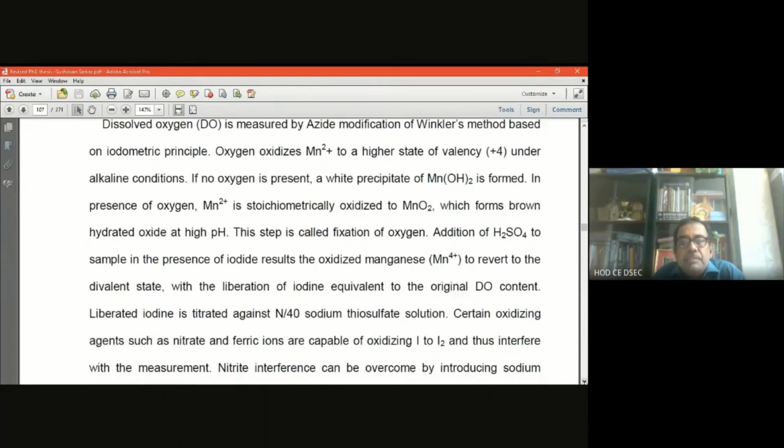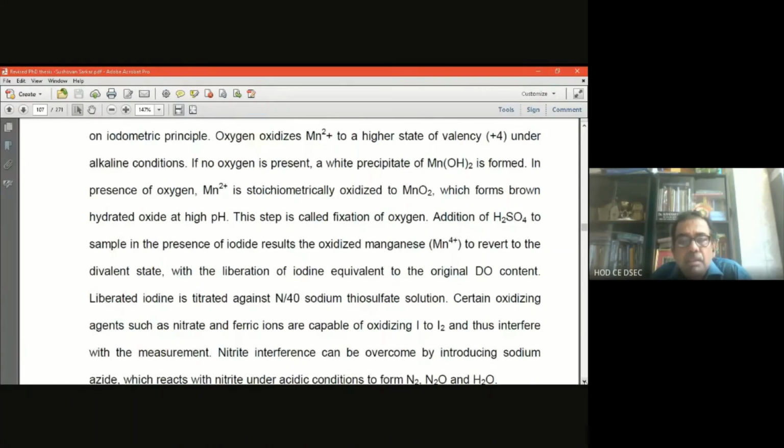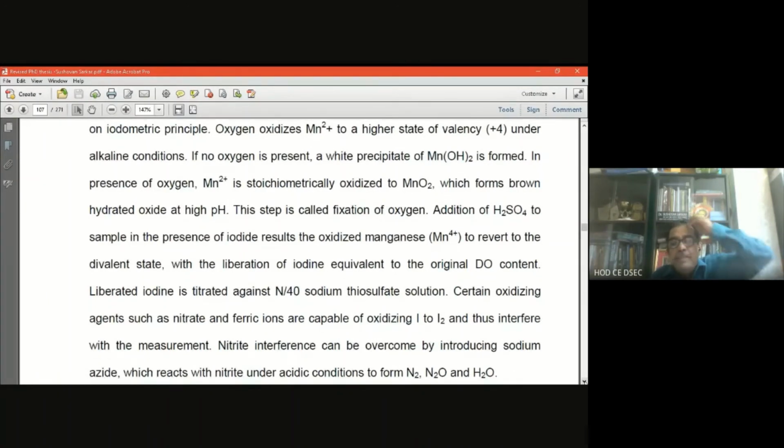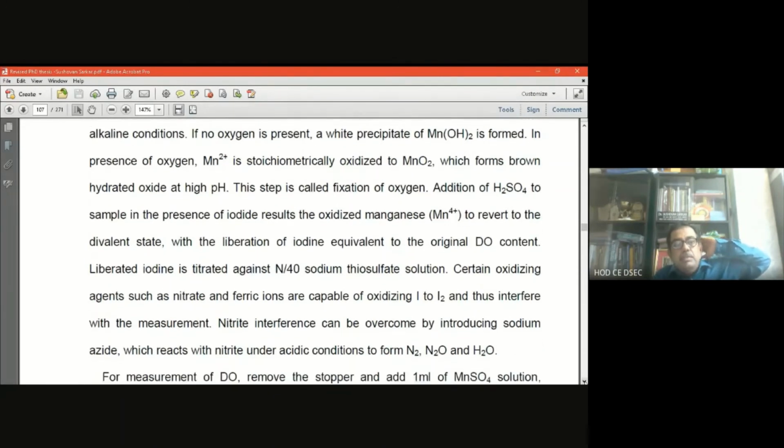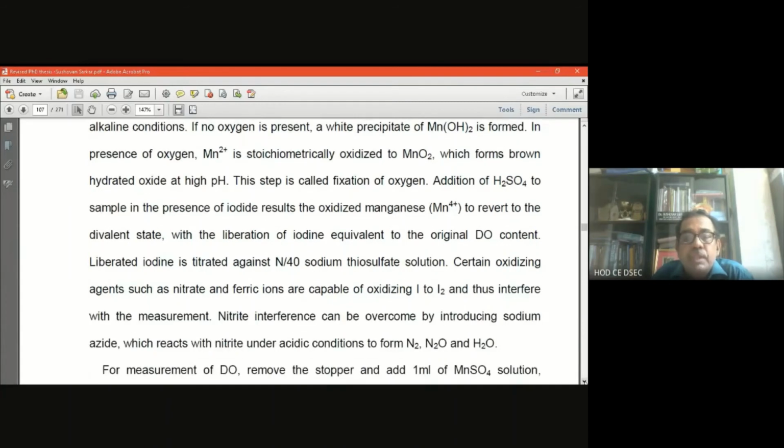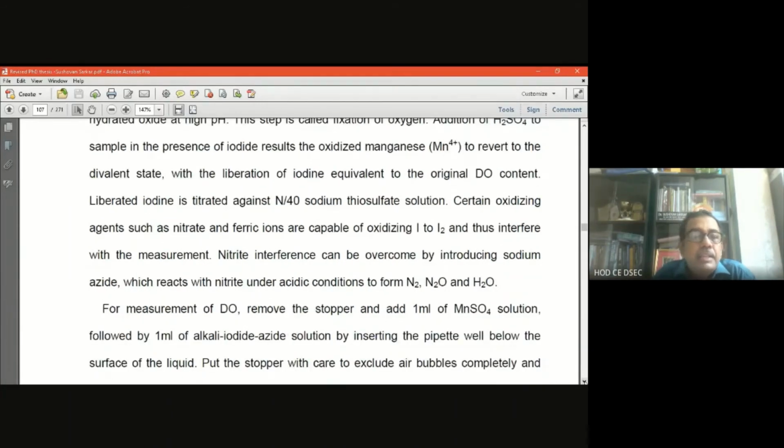Then the addition of sulfuric acid to the sample in the presence of iodide results in the oxidized manganese Mn4 plus reverting to the divalent state, with the liberation of iodine equivalent to the original DO content. The liberated iodine is titrated with N/40 sodium thiosulfate solution. Certain oxidizing agents such as nitrite and ferric ions are capable of oxidizing I minus to I2, and therefore affect the measurement.